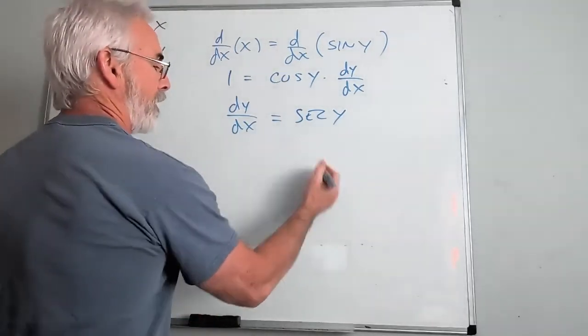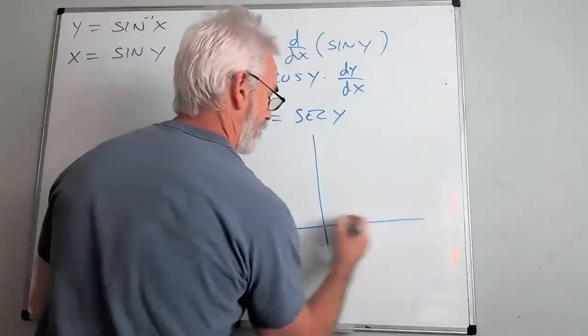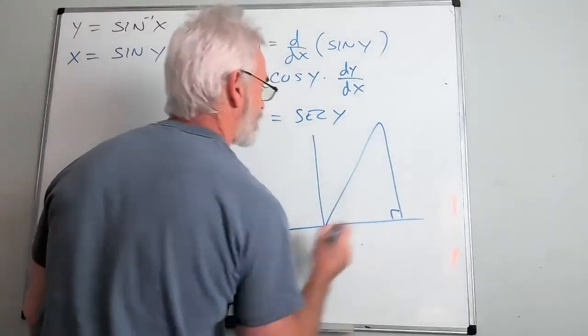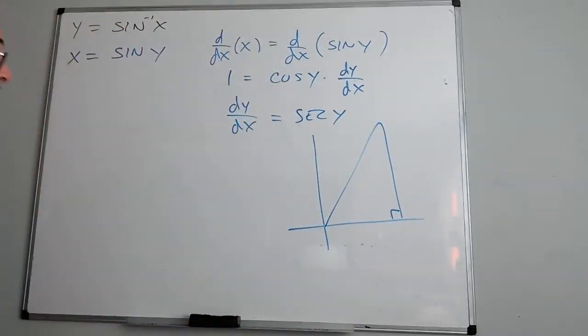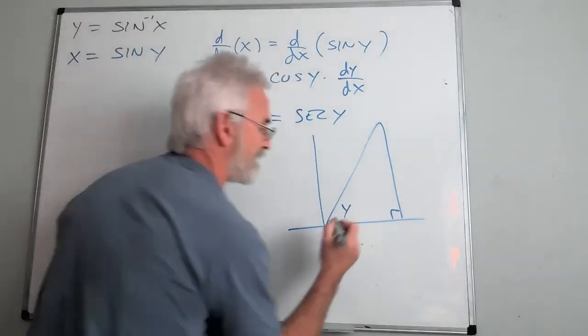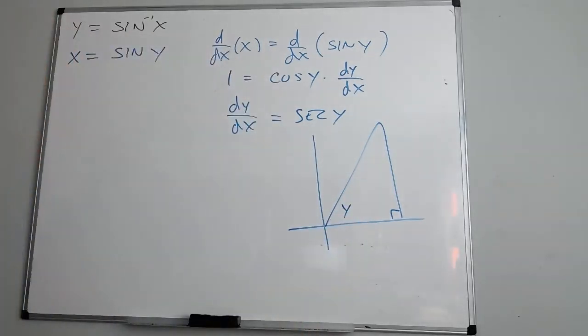So like before, I just need to draw the picture that coincides with that statement right there. If x equals the sine of y, then y is being treated as the angle. Remember, sine of an angle is a ratio, inverse sine of a ratio returns an angle.